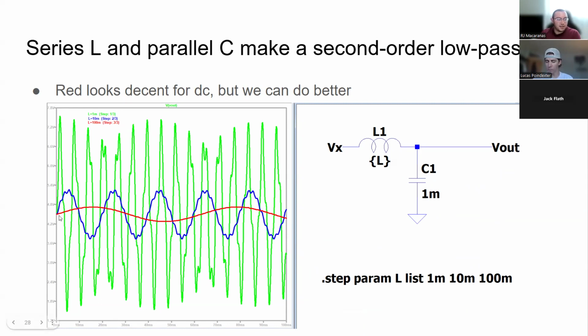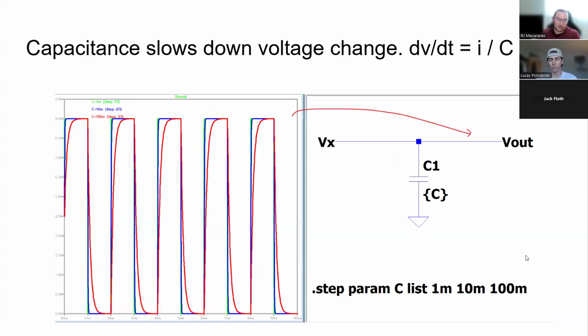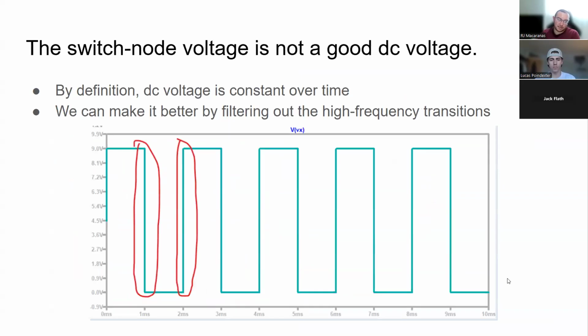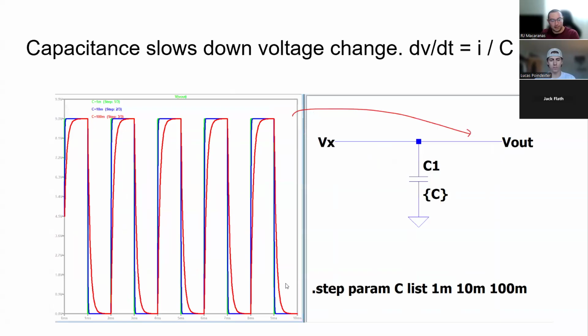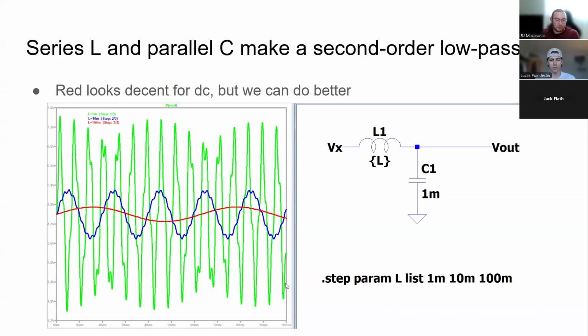So this is oscillating maybe from 4.3 volts to 4.5 volts ish. And that's all right. That's not terrible DC. That's much better than what we had before. This is just jumping from 9 volts to 0 volts. It's not even close.